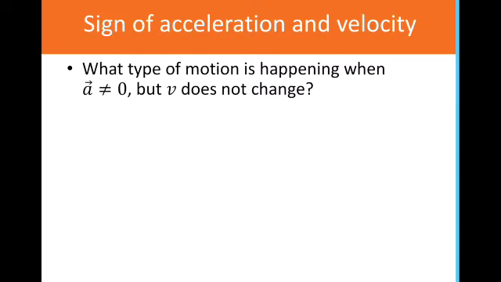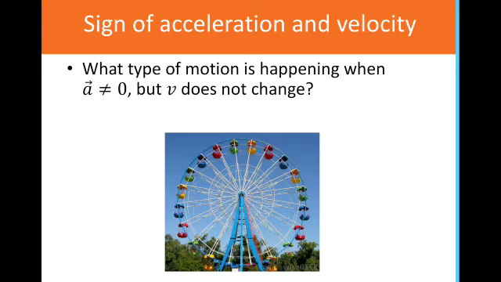It can either be the magnitude or the direction. So you could have a situation where the speed, or the magnitude of the velocity, is not changing, but the direction of the velocity is constantly changing. What is that? Circular motion.